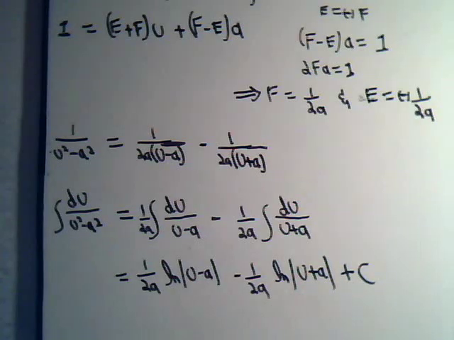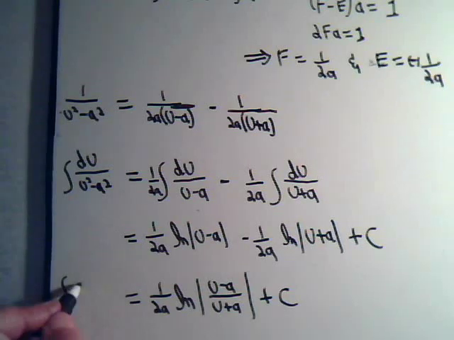And you can throw in an arbitrary constant. That would be the solution then to this integral. And because these are logarithms, we can rewrite it if we want as 1 over 2a, the natural log of u minus a, divided by u plus a, plus an arbitrary constant.